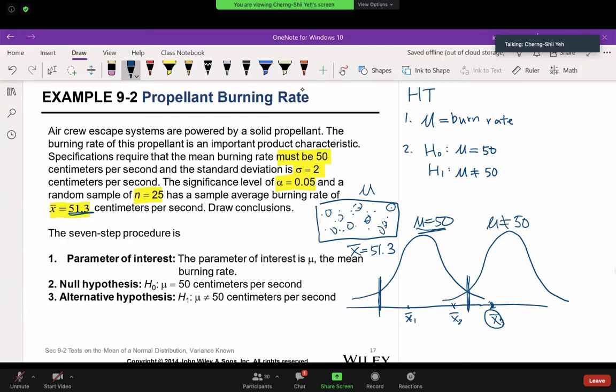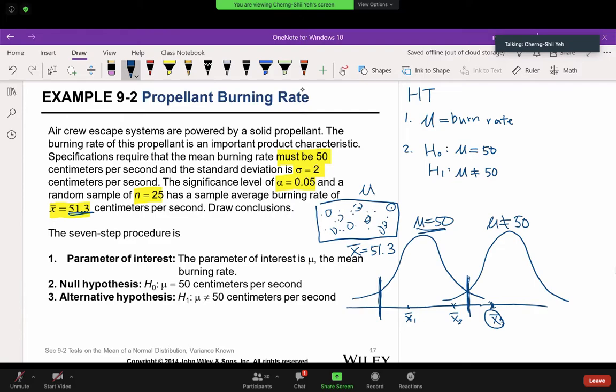Okay, that's why we're performing analysis. Sample mean only tells us part of the information. We really have to go back and compare that sample mean to the confidence interval to see if it's still coming from a population with a mean of 50, or it's actually coming from a population that the mean is not 50 anymore. Okay, so do not confuse sample average with the population average.